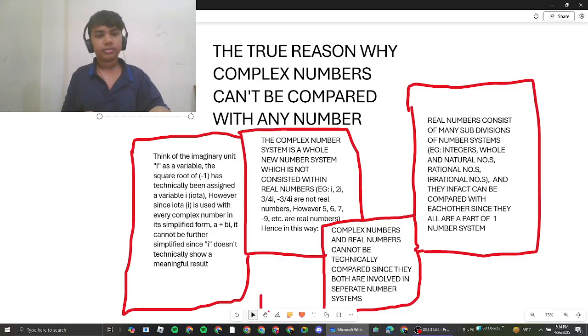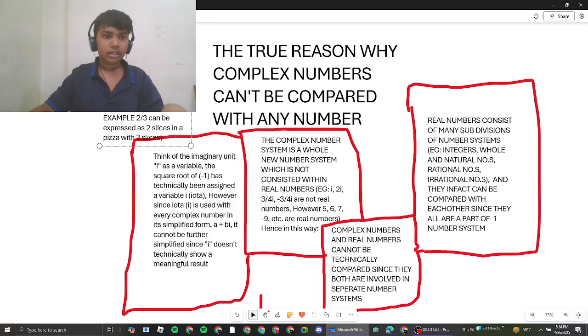Unlike, for example, 2/3 can be expressed as 2 slices in a pizza with 3 slices.